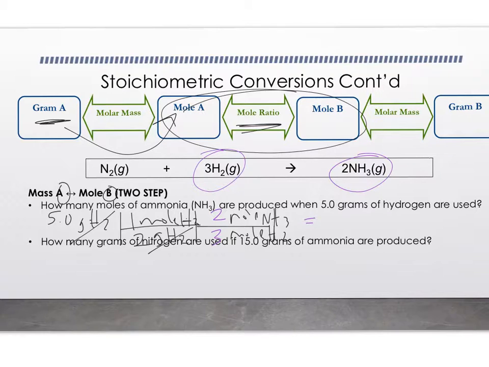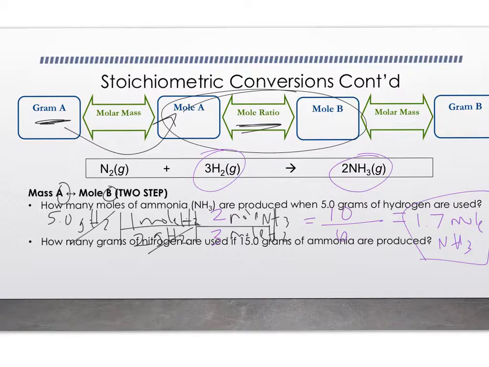So 5 times 1 times 2 is 10, all over 2 times 3 is 6. 10 divided by 6, you get about 1.666 repeating, and we need to round that to 2 sig figs, so it should end up being 1.7 moles of NH3.